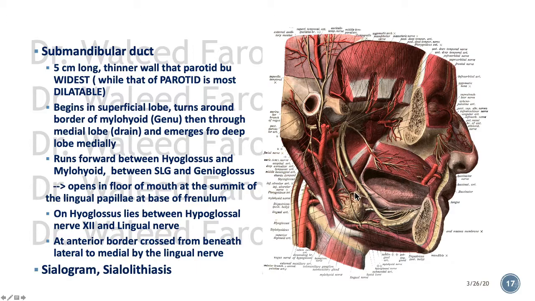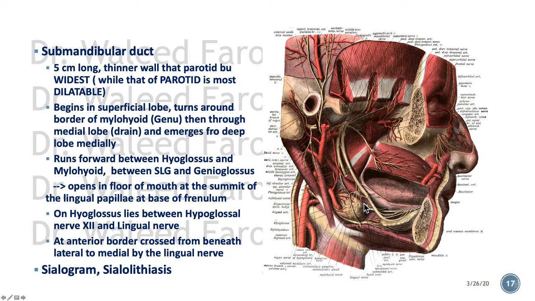Now this curve around the mylohyoid is called the genu of the duct, the knee of the duct, and goes to collect saliva from the deep lobe, and then emerges mostly from its medial surface, and passes to the front and to the medial side, where it will be crossed by the lingual nerve. See that? This is the lingual nerve crossing it from lateral to medial at the site where the sublingual gland is. Do not forget this.